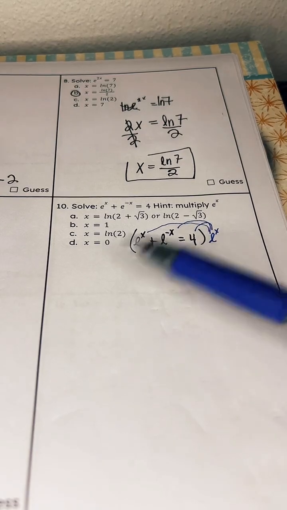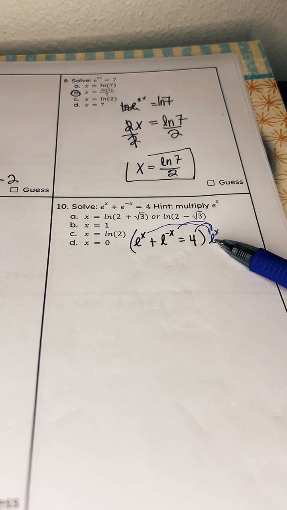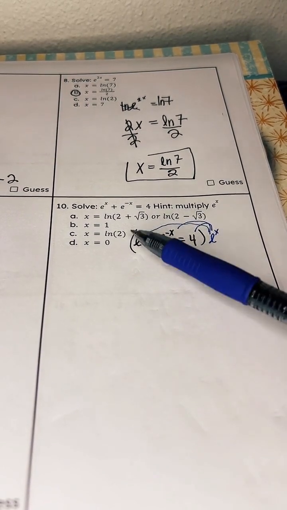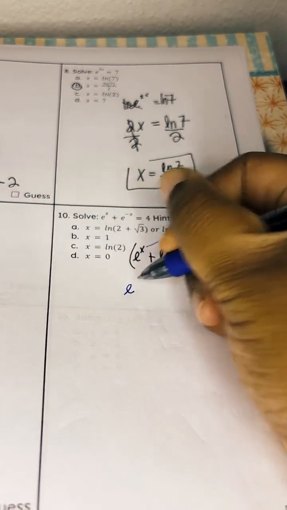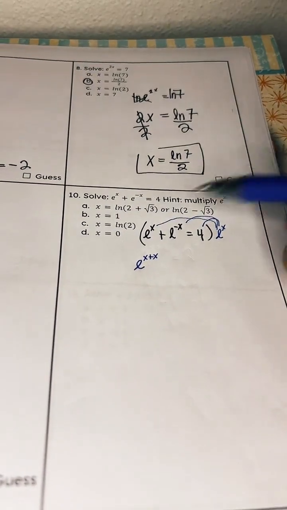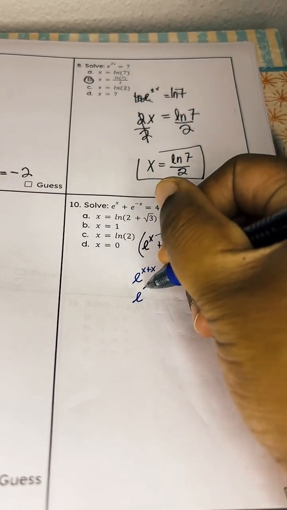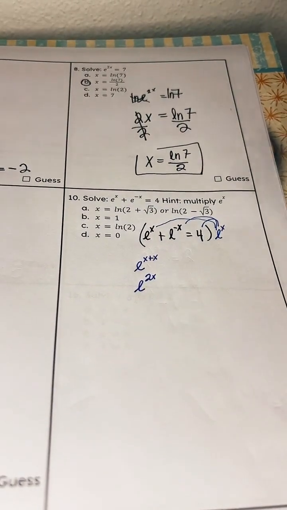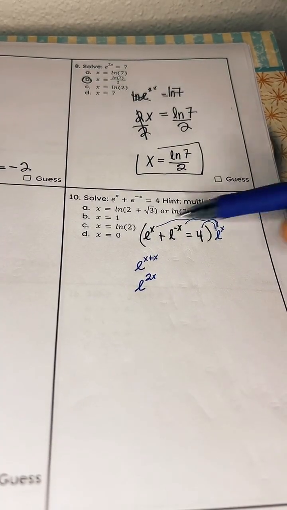Don't let all these letters throw you off. Remember, when we multiply variables, what do we do with their exponents? Well, we add them, right? And so really this is e to the x plus x, which is really going to give us e to the 2x.